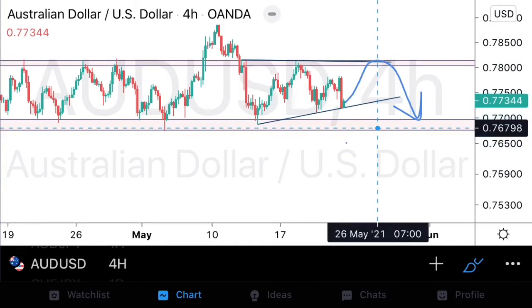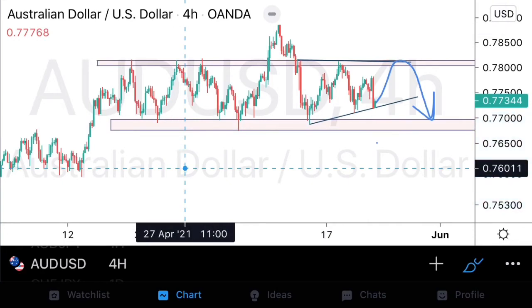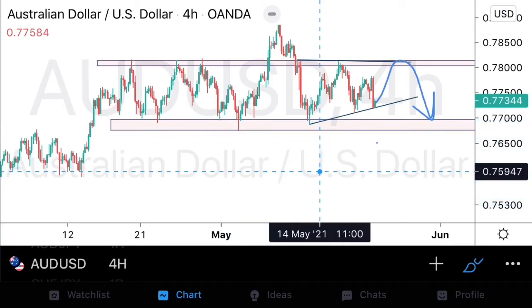So we're not forcing a bias, we're not imposing our directional bias on the market, but we're still allowing ourselves the opportunity to trade any strength that the market might give us or any weakness that the market might give us over the course of next week with the appropriate probabilities based on the structure that we objectively see on the chart.